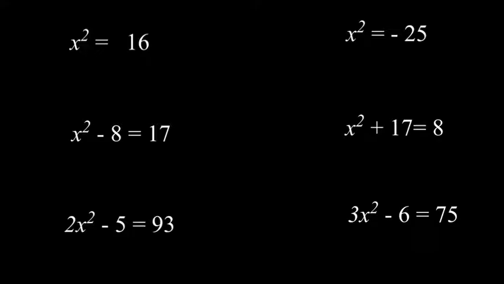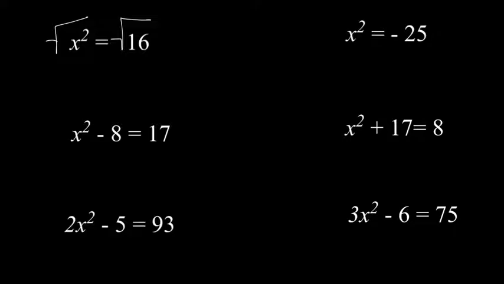Okay, let's take a look at the basic square root function here. We're going to look at this first one over here, x squared equals 16. Now, to solve this one, we would do the square root of both sides.